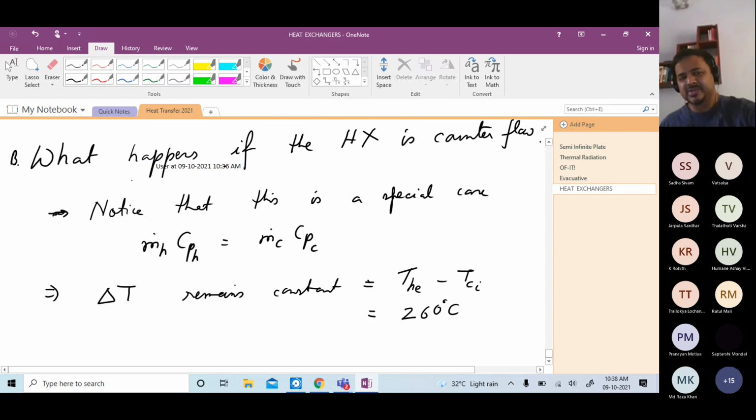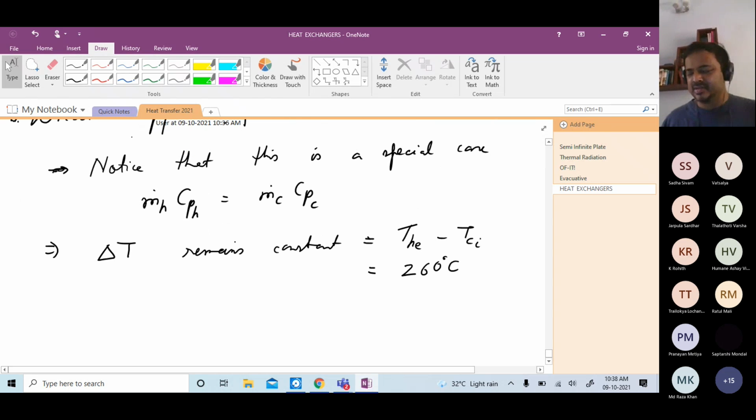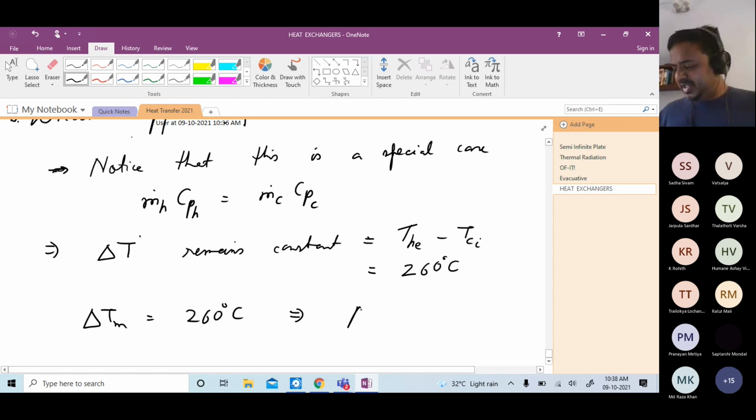Q remains the same as before. Therefore, delta Tm equals 260 degrees, which implies A is equal to 147.1 meters squared.